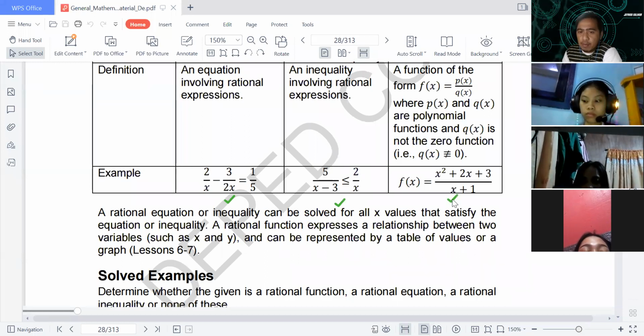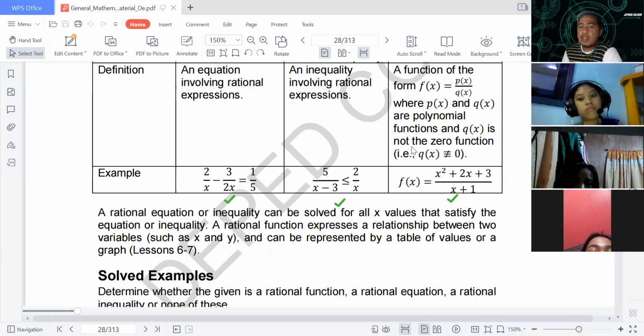And this portion will be called a rational function because there are two variables involved, the y, or something like the f of x there, that is just the y, and the x, and it is a rational expression here. So it is called a rational function.